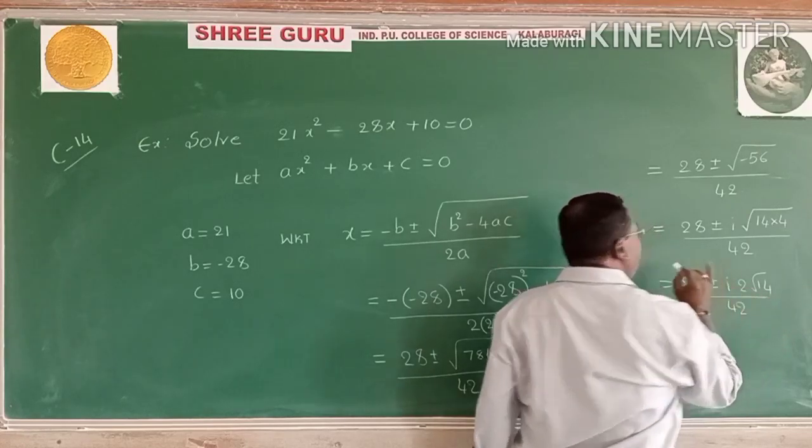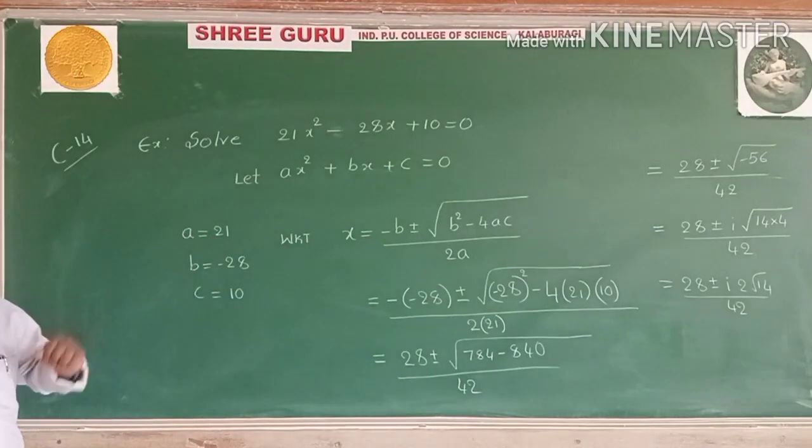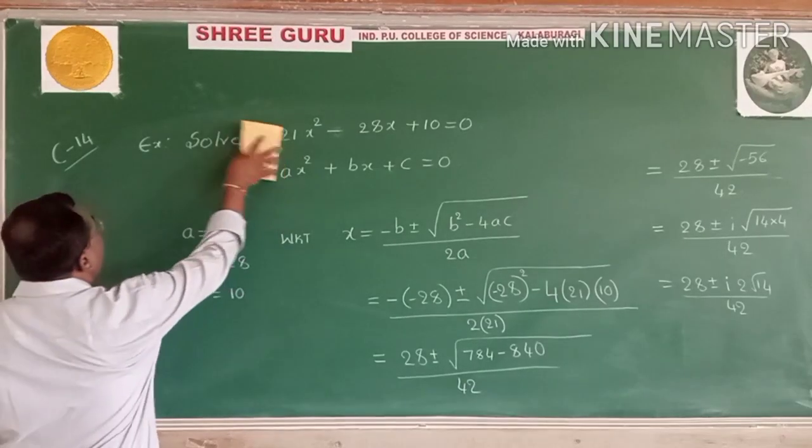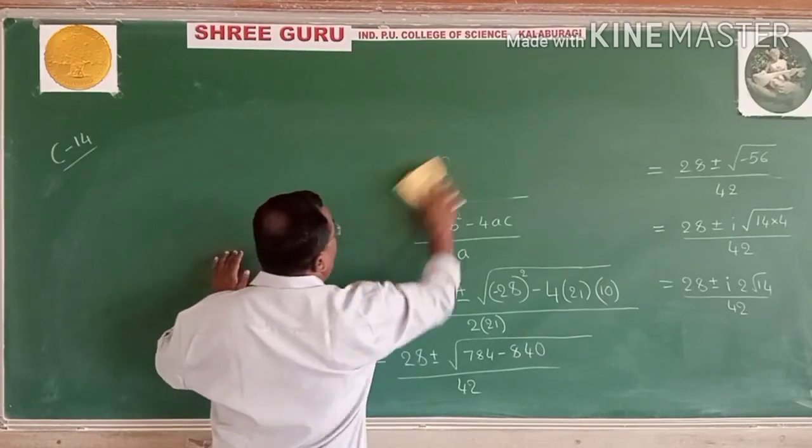One positive, one negative. These are the values for the quadratic equation. Next, solve for the quadratic equations.